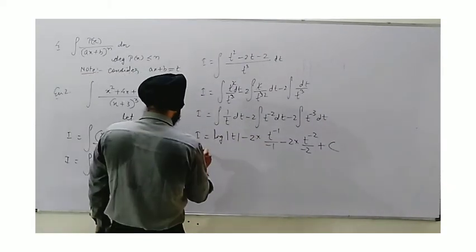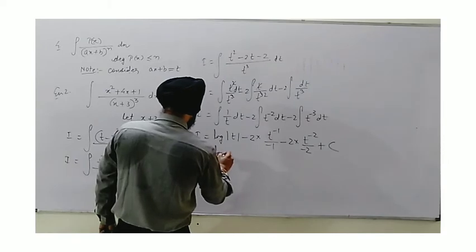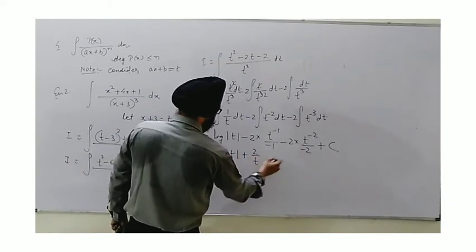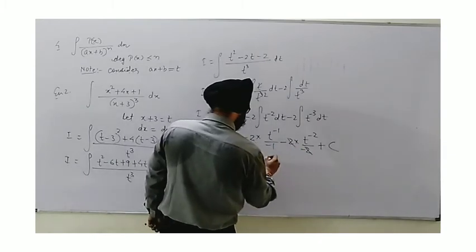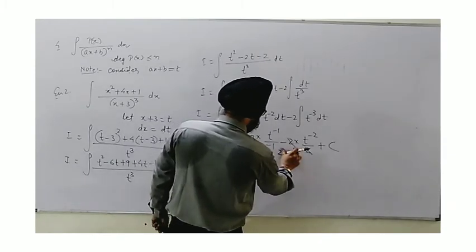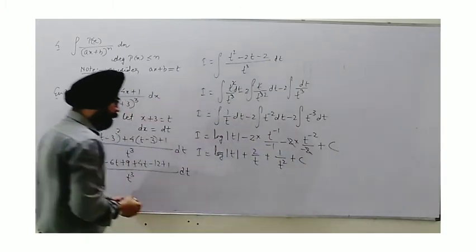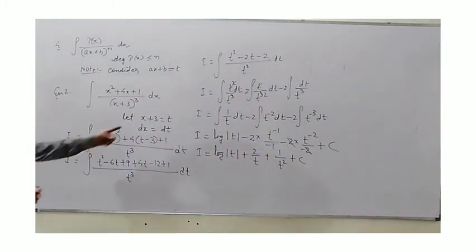Now simplifying, we get I as log of t plus 2 upon t, the 2 is cancelled out, no problem, plus 1 upon t square plus c. Now t is replaced by the value x plus 3 as we considered.